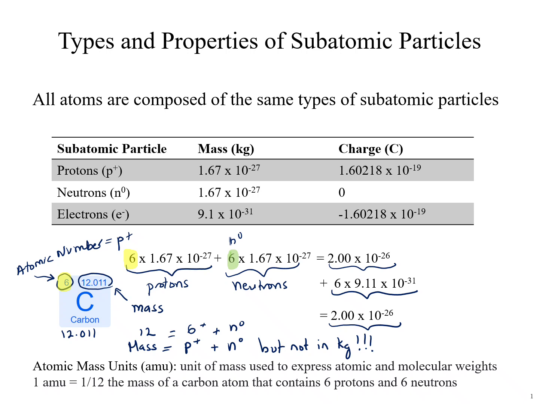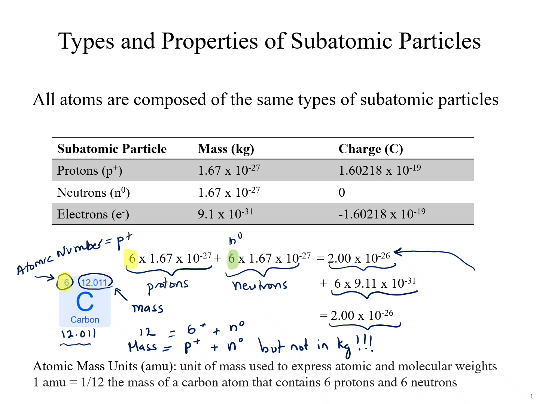Now, that mass that we get to see on the periodic table, that 12, is not the mass in units of kilograms. And we can see this with the example. When I'm calculating my mass here, that's the mass. When I'm adding the protons and the neutrons, I'm getting a number times 10 to the minus 26. That's not the number that I have here on the periodic table, not at all.